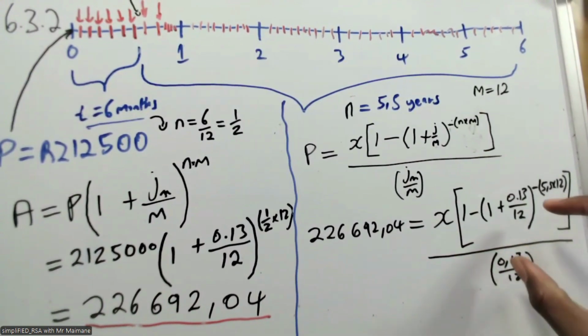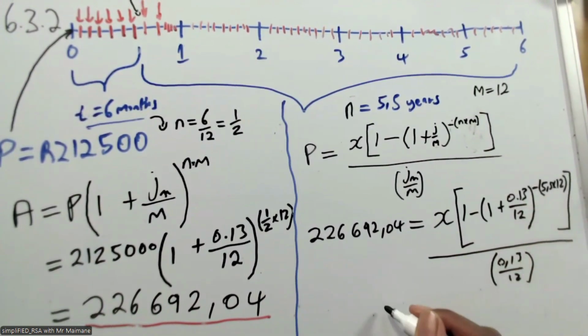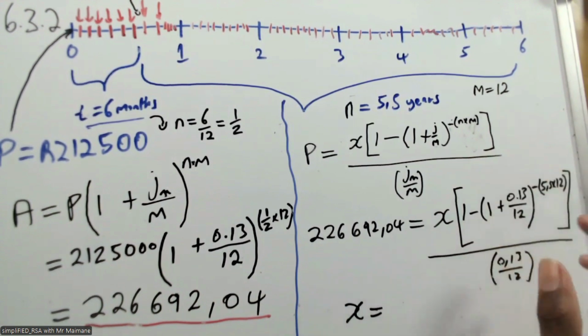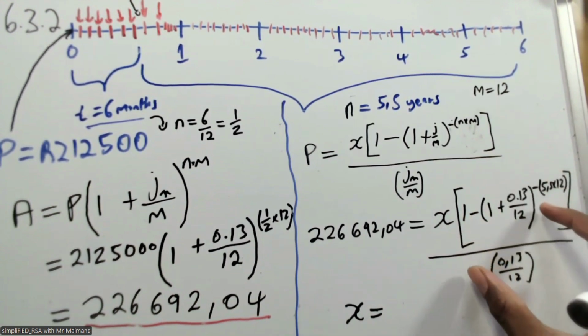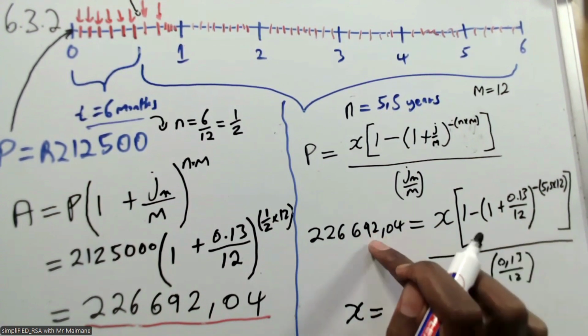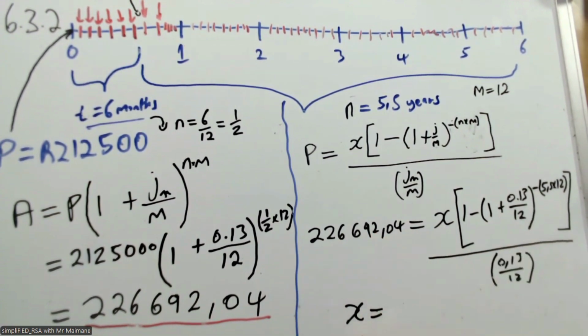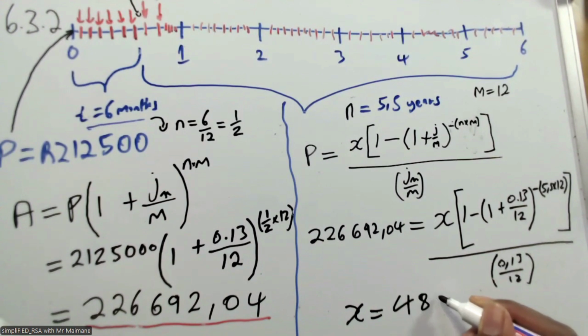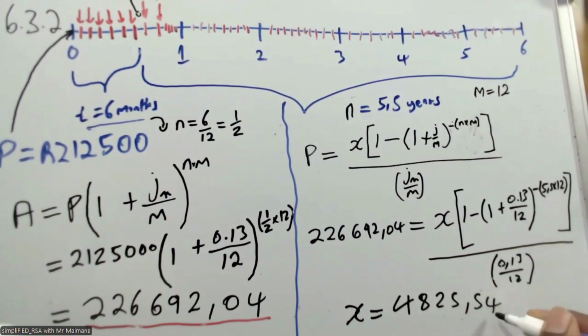Now, if you simplify this part here and solve everything, we will get that X is equal to, I believe everyone can simplify this. You just have to use a calculator to multiply what you have there, divide it by that, and then divide the whole thing by that, such that X will be 4,825.54.